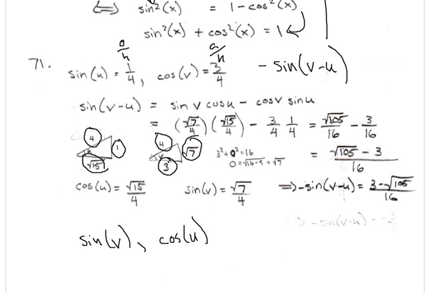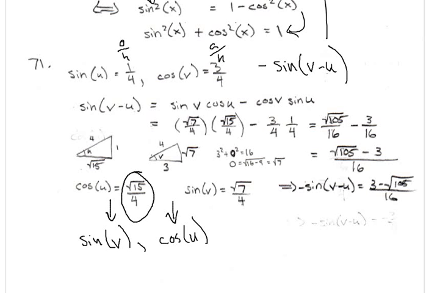Then we can use these values here to figure out what sine of v is and what cosine of u is. So cosine of u would be equal to square root of 15 over 4. Sine of v would be equal to square root of 7 over 4. And then it's just a matter of taking these 4 values, the 2 that are given and the 2 that we found, and plugging them into the formula.